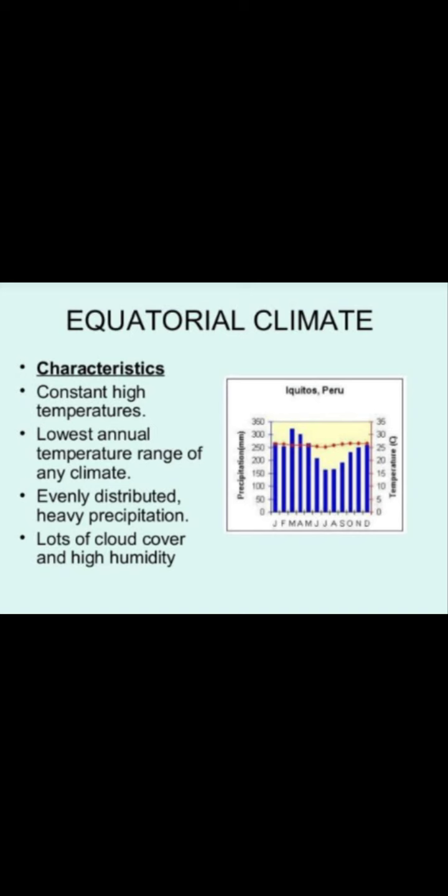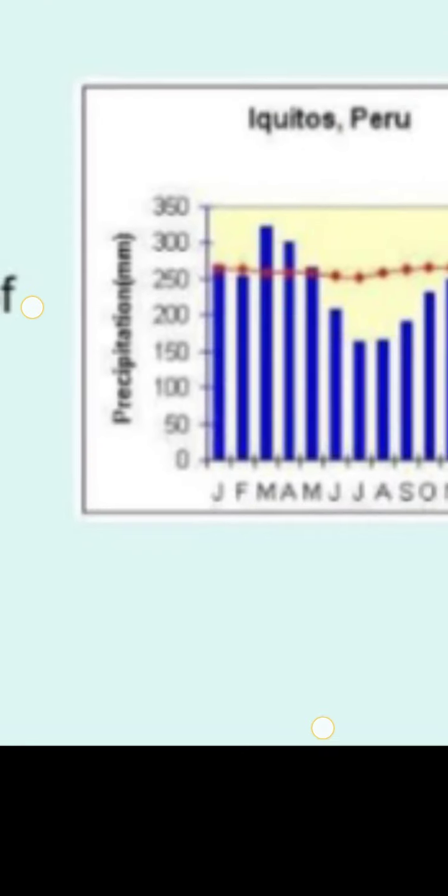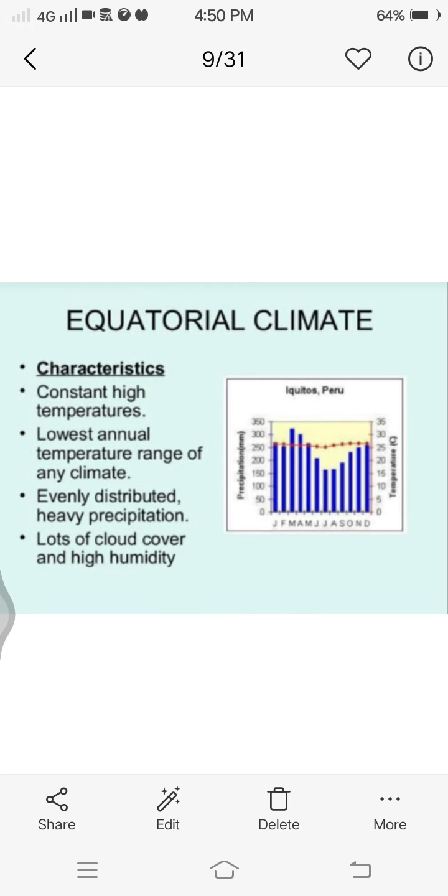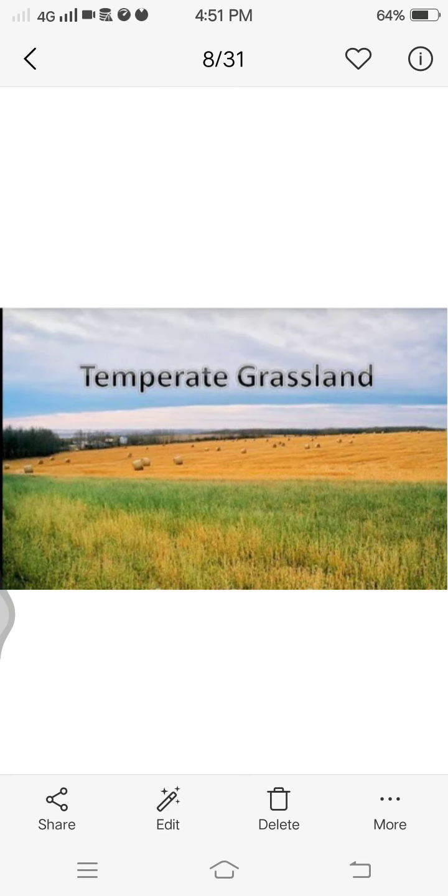Constant high temperature, mostly 28 to 30 degrees on average. The precipitation in the rainforest is mostly above 100 or 200 centimeters. It has the lowest annual temperature range of any climate, with evenly distributed heavy precipitation, a lot of cloud cover, and high humidity. We find these kinds of climates in our subcontinent as well, but only in the southern part of Pakistan.